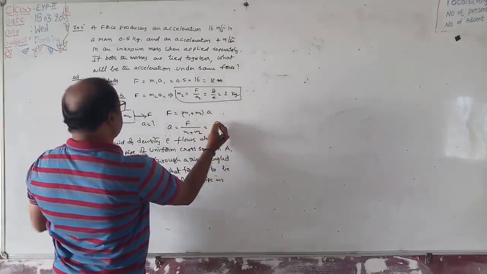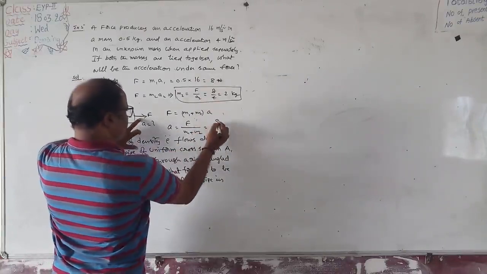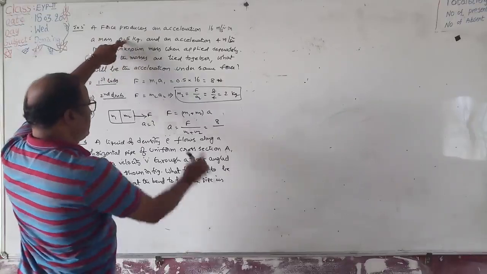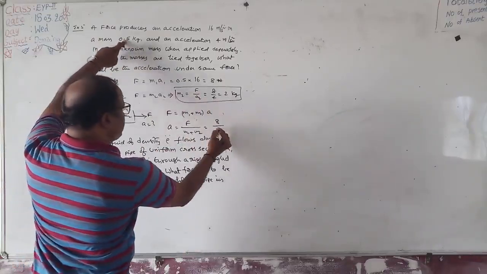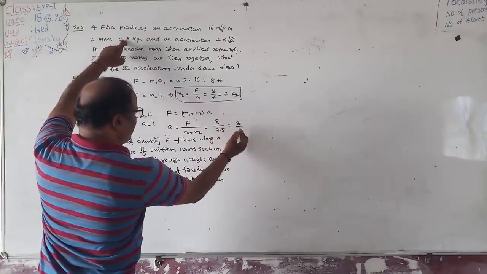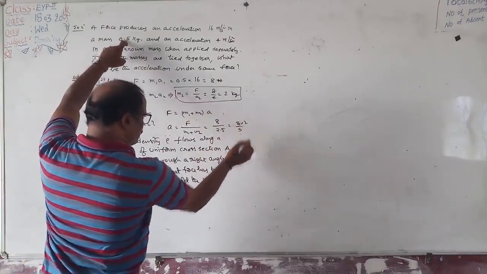F is the same force, 8 newtons, by m1 plus m2. m1 is 0.5 and m2 is 2, that means 2.5.